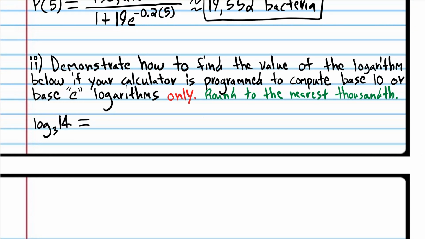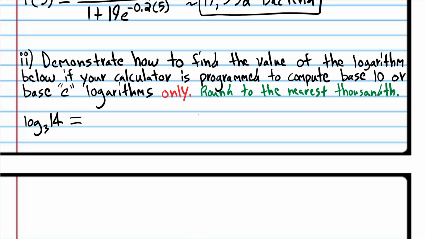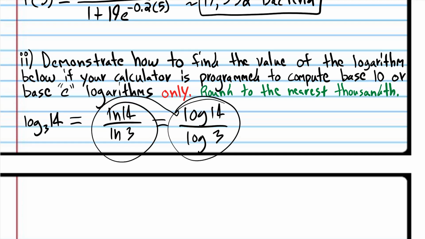Most calculators today can do any base, but a lot of them don't. So what do we do? Well, we can write natural log 14 over natural log 3, or we can write log base 10 of 14 over log base 10 of 3, because these are base 10 logarithms and these are base e logarithms. So you can do either one.